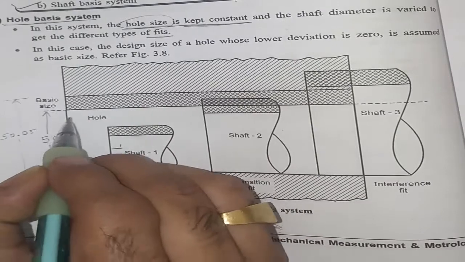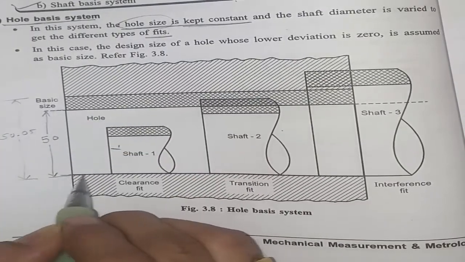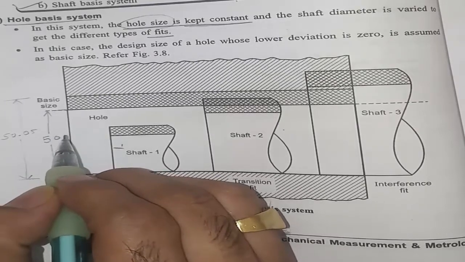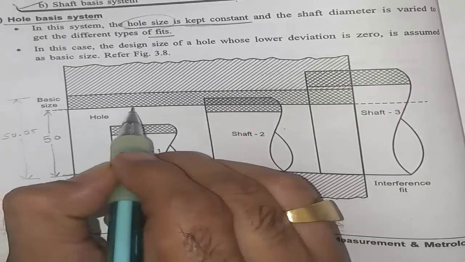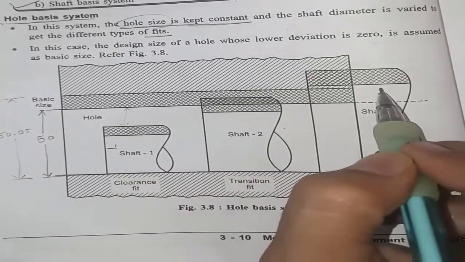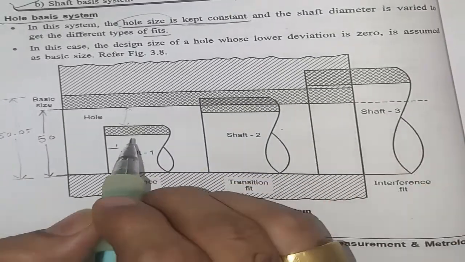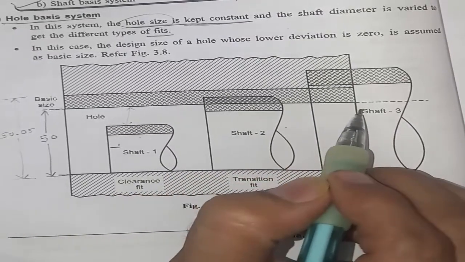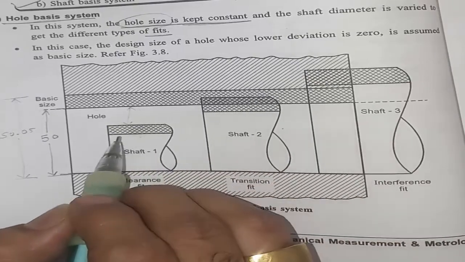Here you can see this is a hole size, and the hole size is fixed, and according to the fit, this is a clearance fit, this is a transient fit, and this is an interference fit. You can see here the size of the shaft is varied according to the fits, right?